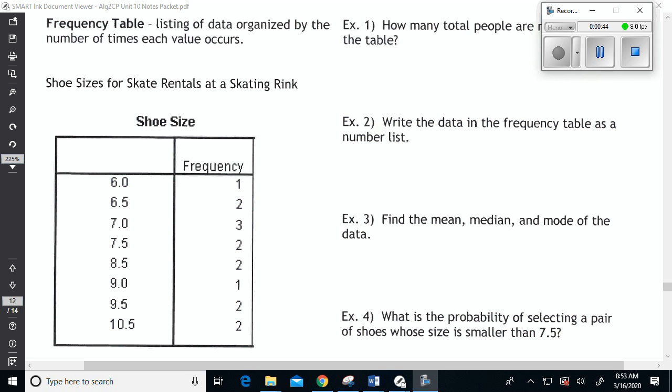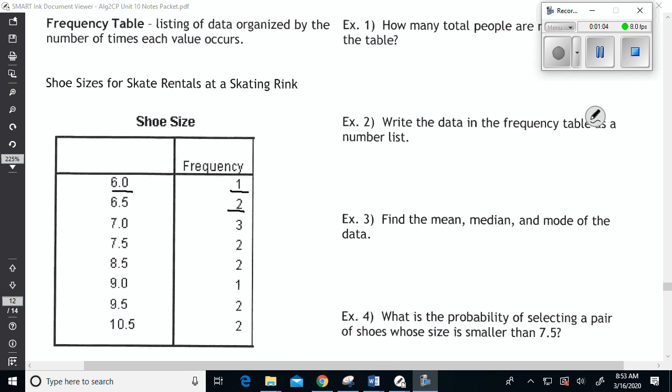If you look at this table, shoe sizes for skate rentals at a skating rink, notice that it says 6.0 with a frequency of 1. That means a shoe size of 6 showed up once. 6.5 has a frequency of 2.